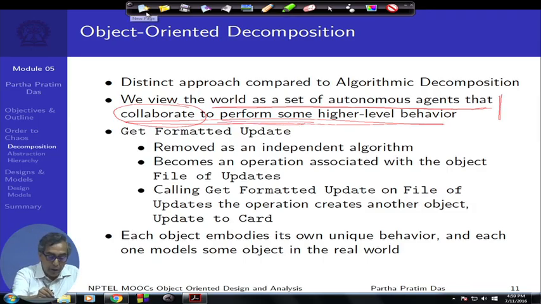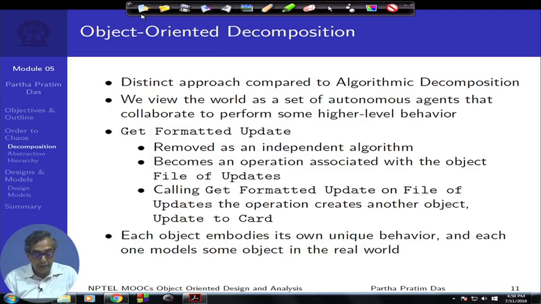So, let us say, how does our original functionality of get formatted update happen? This is now removed as an algorithm. So, we do not have any specific algorithm on this. It now has become an operation with the object file of updates.